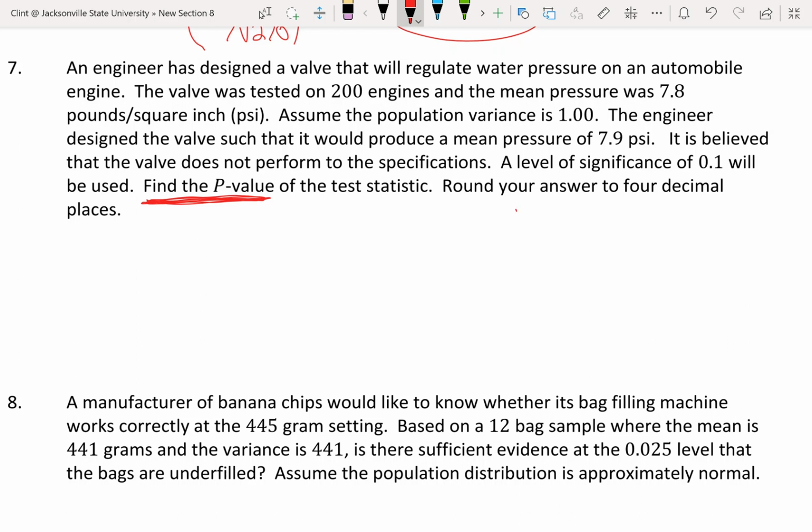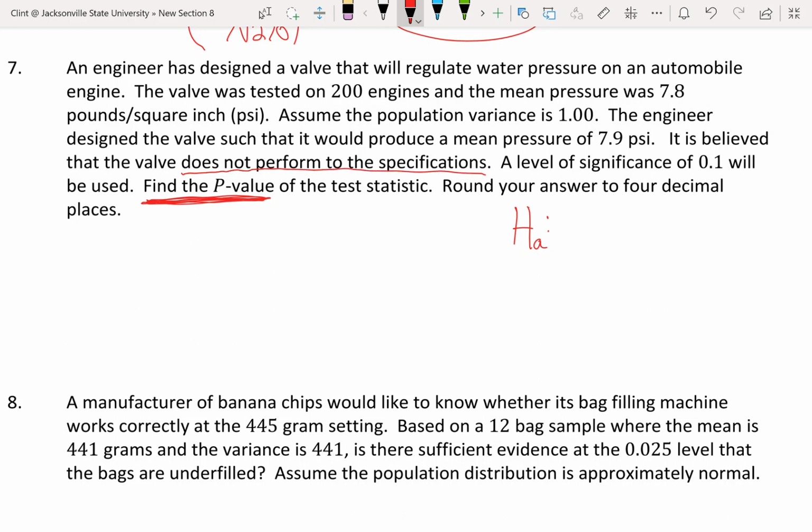So on this one, it's probably not a bad idea to write down at least the alternative hypothesis. Skimming down through here, it says the engineer designed the valve such that it would produce a mean pressure of 7.9 psi. It is believed the valve does not perform to the specifications.